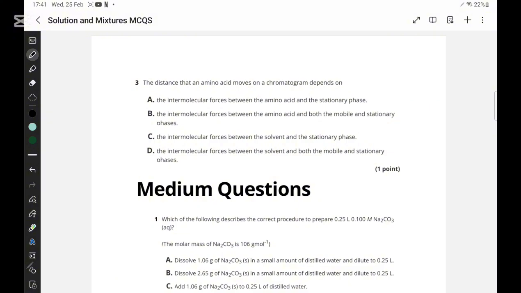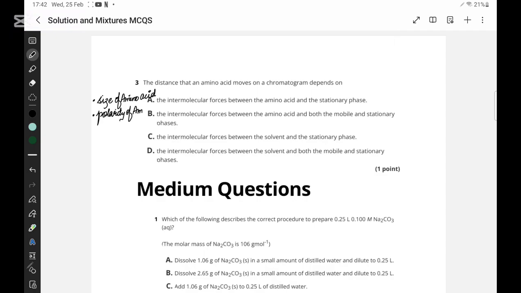In the next question, they are saying the distance that an amino acid moves on the chromatograph depends on? First of all, it depends upon the size of the amino acid. Second is the polarity of the amino acid.